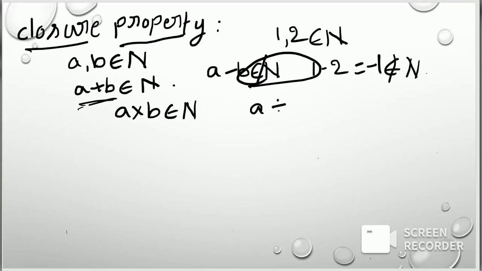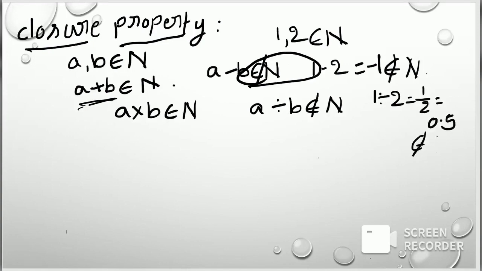In the same way, a divided by b does not belong to capital N, because if you take the same numbers 1 comma 2, 1 divided by 2 is 0.5, and 0.5 is not a natural number. So these two numbers do not satisfy the closure property under division. Then the closure property is satisfied only under addition and multiplication.